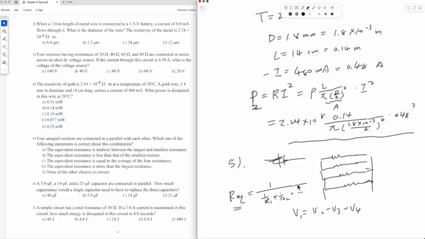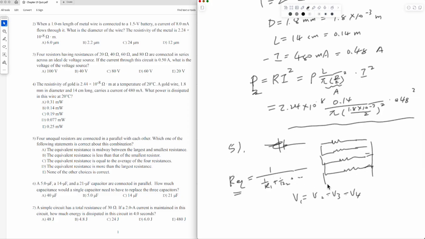So that's the relationship. The equivalent resistance is midway between, no. B, the equivalent resistance is less than that of the smallest. So B actually is right. C, the equivalent resistance is equal to the average, no. D, the equivalent resistance is more than, no. So B.